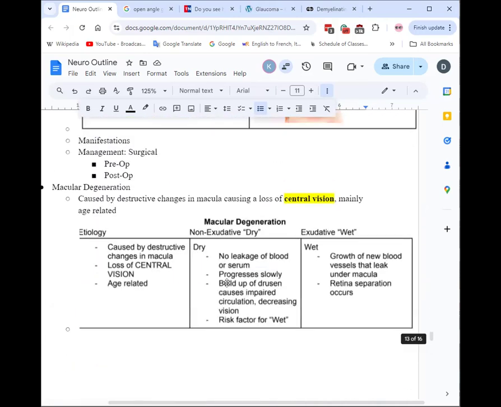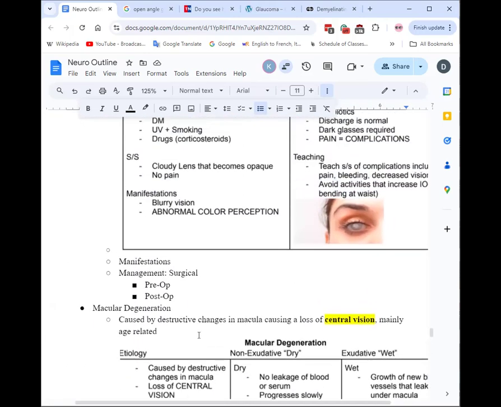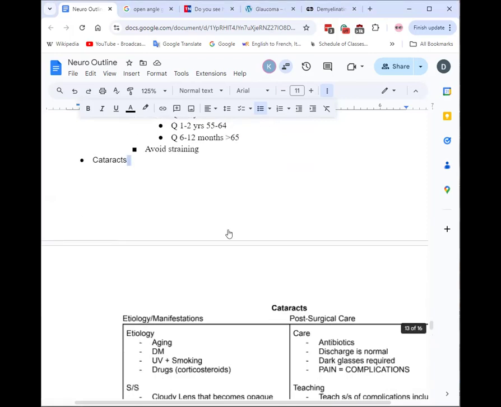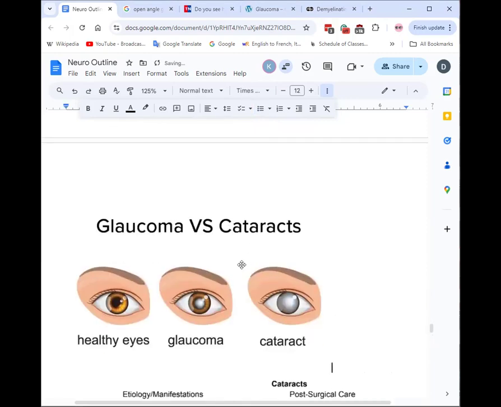See if I can get you guys out of here soon. For cataracts, I had a picture here. Boom.